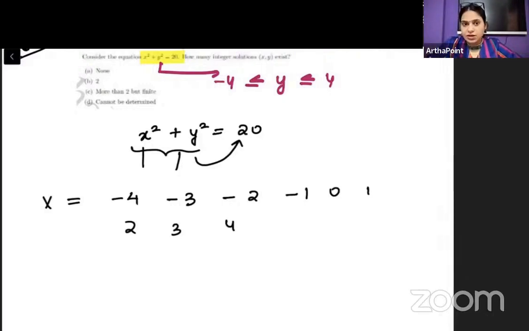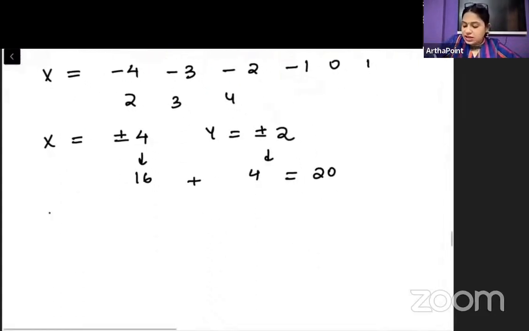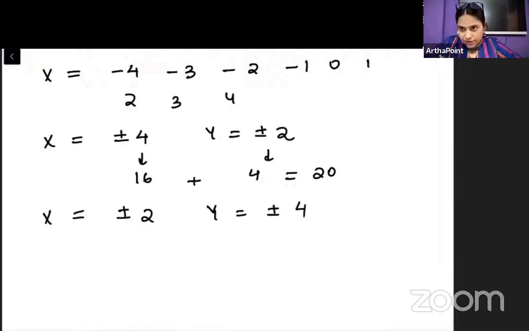Now tell me something. If I take x to be plus or -4, then y will be plus or -2. Because 4 square is 16 and 2 square is 4 and sum of this is 20. Right? And similarly, if I take x to be plus or -2, then y can be plus or -4. Right?